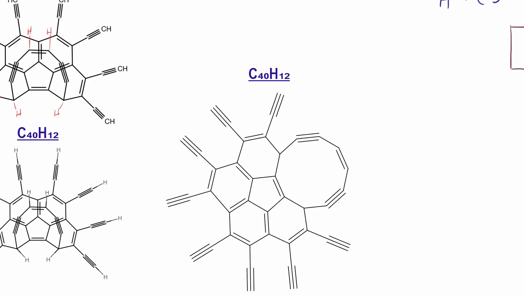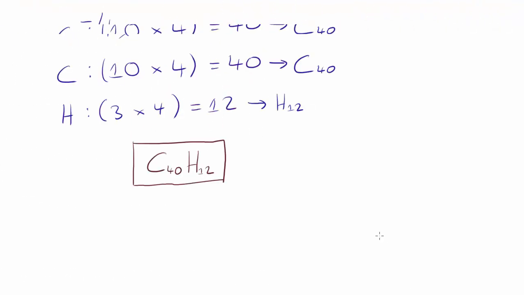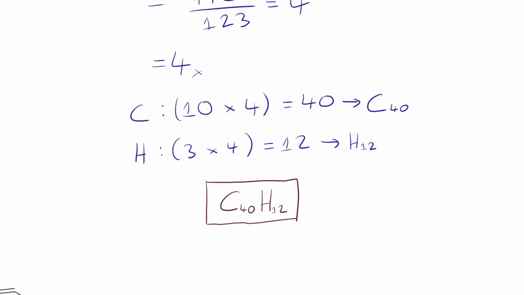This is actually a molecule which you can find a paper about; it's mentioned in the paper somewhere, and that's something you can explore. But in this case, as I said, the molecular formula is C40H12, right?